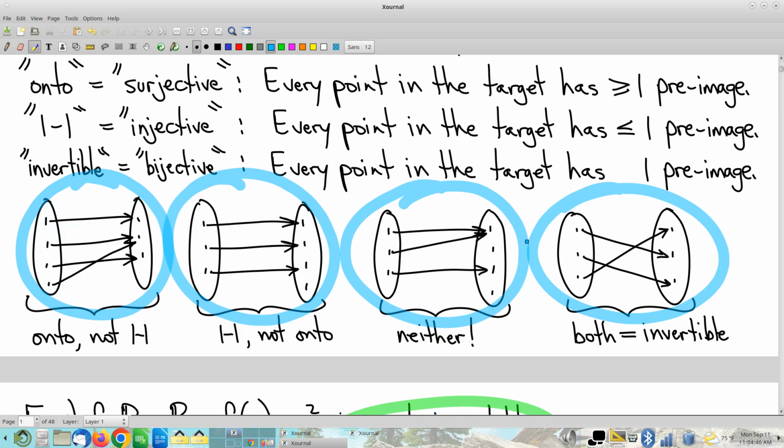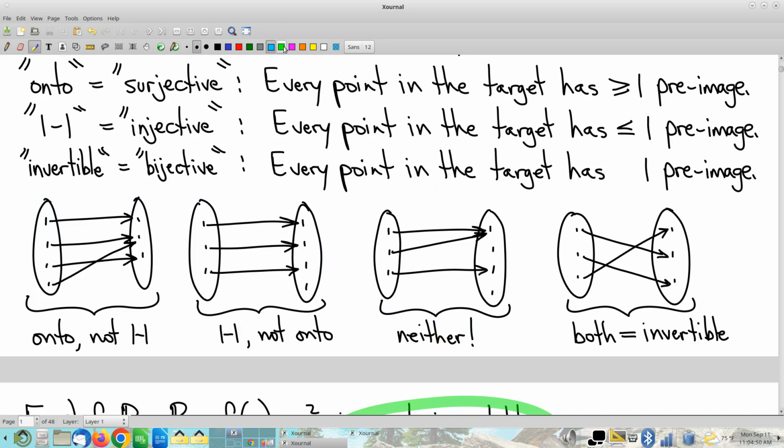For each one of these functions, and for any function in general, you can ask the following two questions. Is it the case that every point in the target, let's start with this one here. There's a point in the target for that function. Does every point in the target have at least one pre-image? Well, for this point that we've picked there is only one pre-image, and there it is.